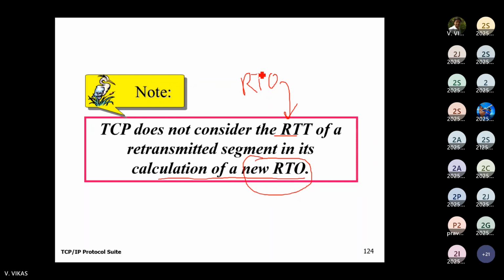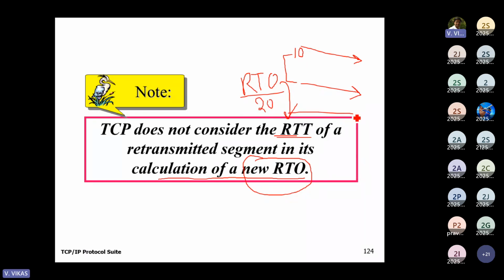Yes, sir. Okay, so previously let us say the RTO value is being updated with respect to RTT. Now the RTO value is 10 seconds. You transmitted, and we are waiting up to 10 seconds to receive an acknowledgement, but I did not receive one. So you will be retransmitting that particular segment. Whenever you retransmit, we update the RTO value by just doubling the previous value.